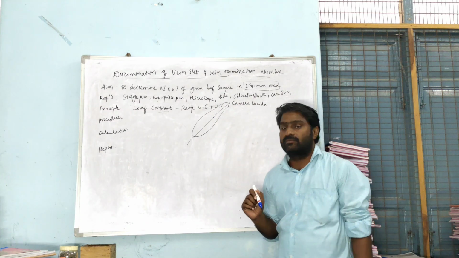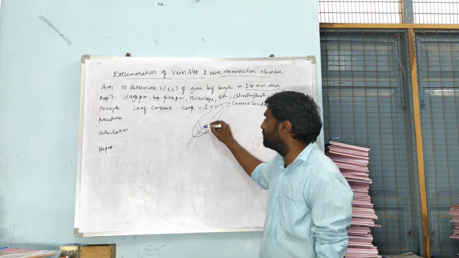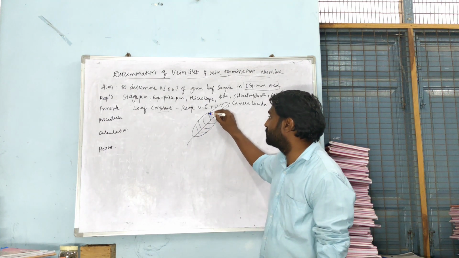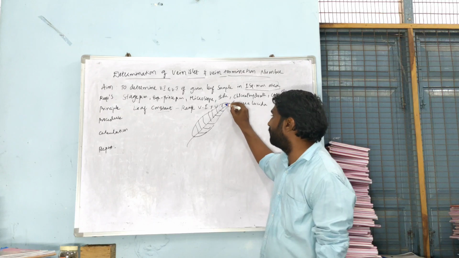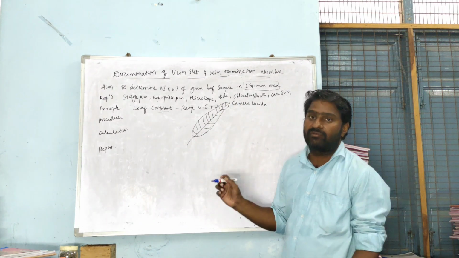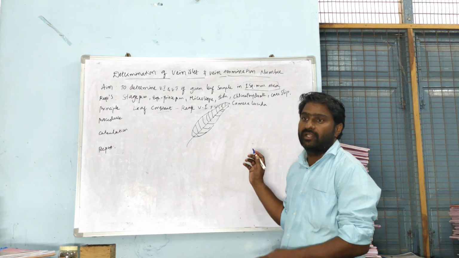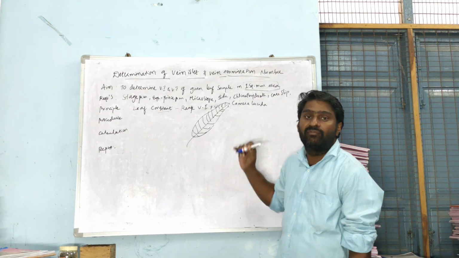So for example, see that this is a leaf. Generally the structure of leaf that we see is due to proper venation, right? So the structure of leaf which is broad or short or small, generally we call it the spreading of venation.